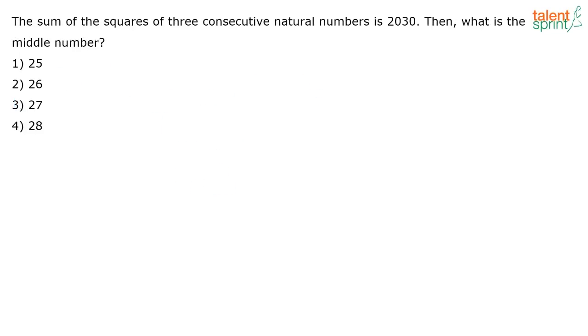Next one. The sum of squares of 3 consecutive natural numbers is 2030. Then what is the middle number? So we can assume that the 3 numbers are n minus 1, n and n plus 1. So if these are the 3 numbers, it is given sum of the squares of these 3 numbers is 2030.